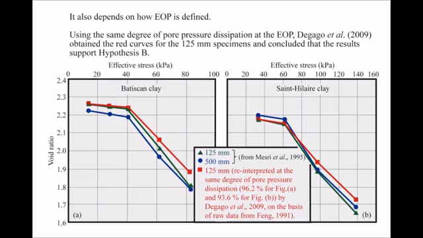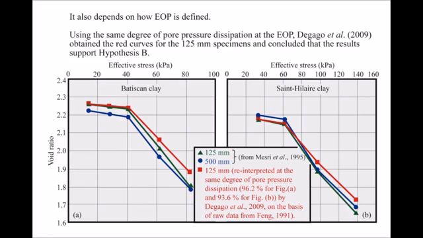In fact, Degago et al. in 2009 examined this data and considered that we could define the end of primary consolidation at a given degree of consolidation. So, for example, 96% in figure A and 93% in figure B.